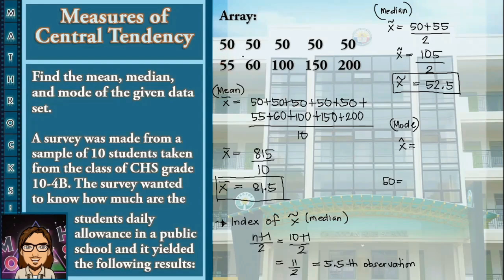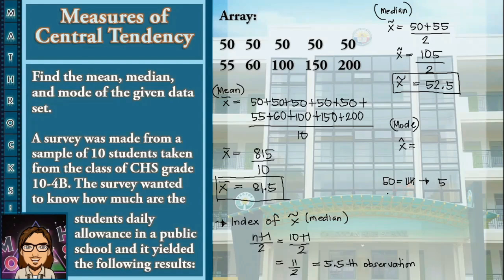Since we are counting the number of times 50 appeared in the data set, we may do some tally like this. Counting 1, 2, 3, 4, 5. So tallying, we have 5 of them. Then we write the numeral of these tally marks.